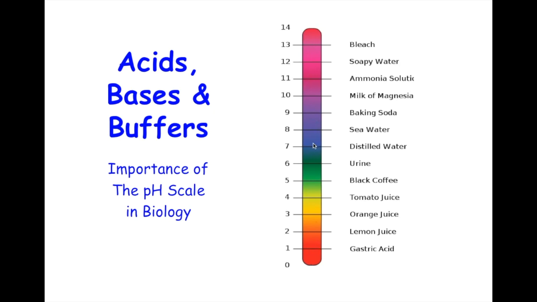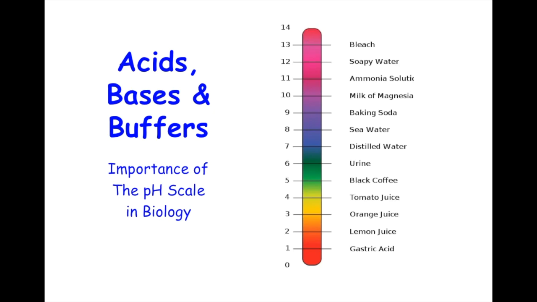7 is neutral, and what you need to actually understand is that this is a logarithmic scale, which means the concentration of acid increases as you go to these smaller numbers, so that this is very acidic, whereas the concentration of acid decreases and the concentration of base increases as you go up to 14.